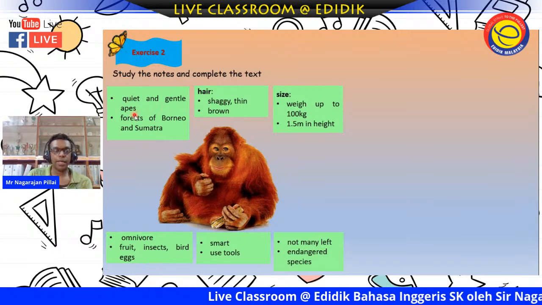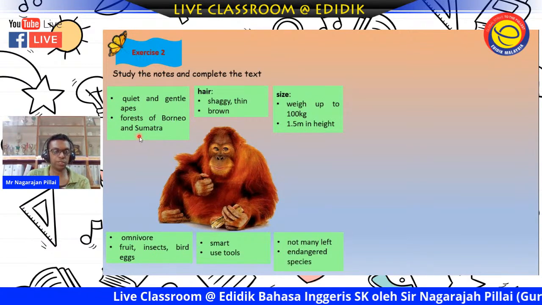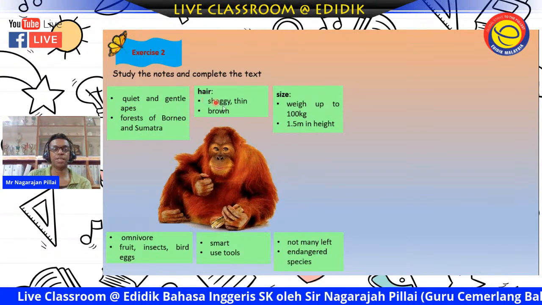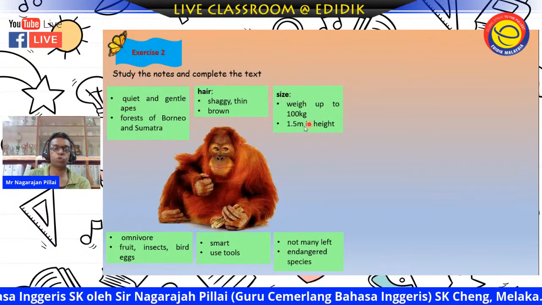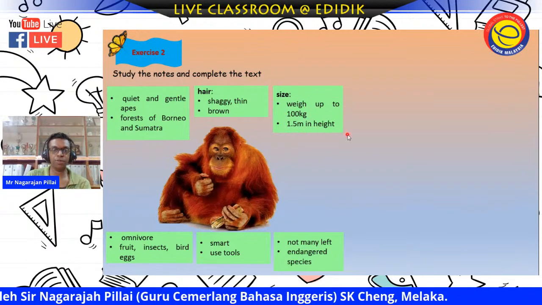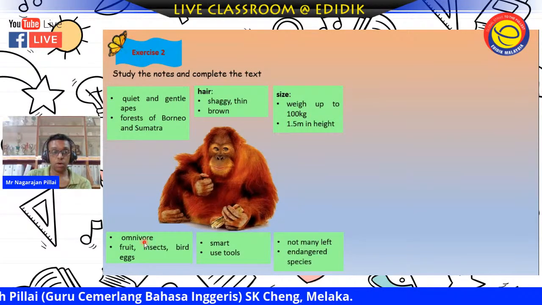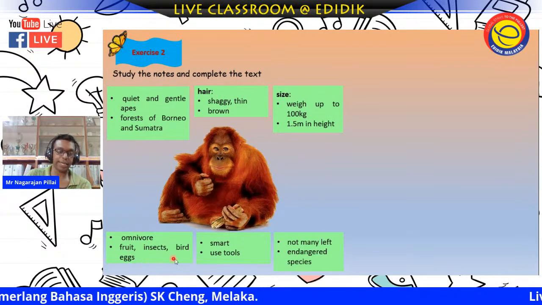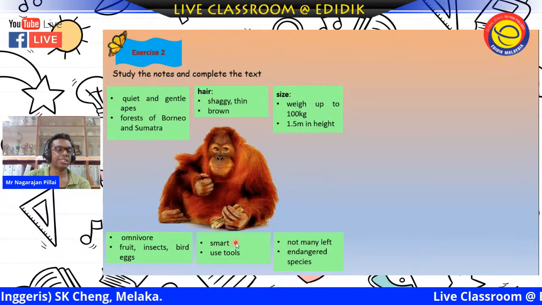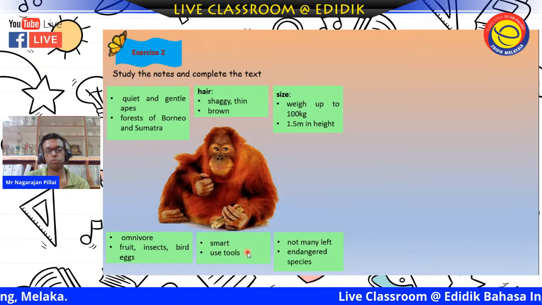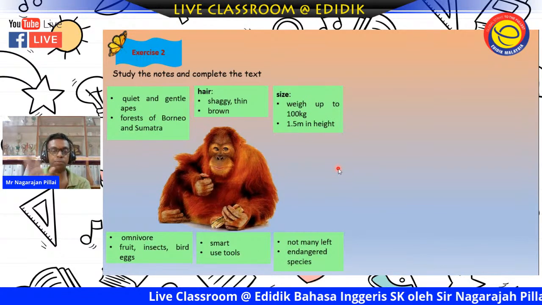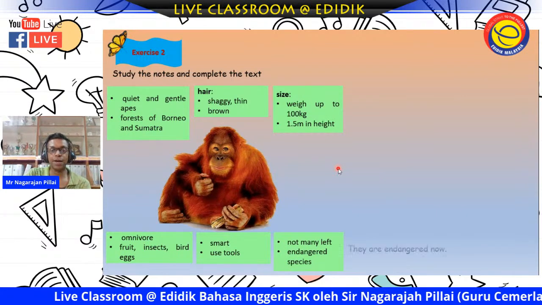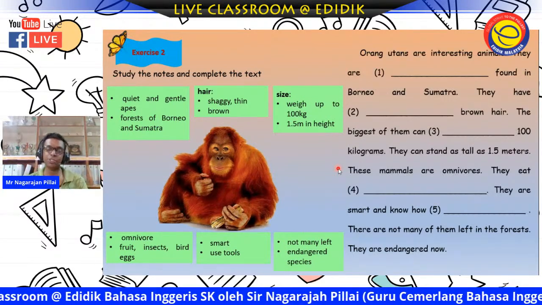Quiet and gentle apes, forests of Borneo and Sumatra, hair: shaggy, thin, brown, size: weighed up to 200 kilograms, 1.5 meters in height, omnivore: fruit, insects, bird eggs, smart: use tools, not many left, endangered species. All are given in bullet points. Now, this is your question.